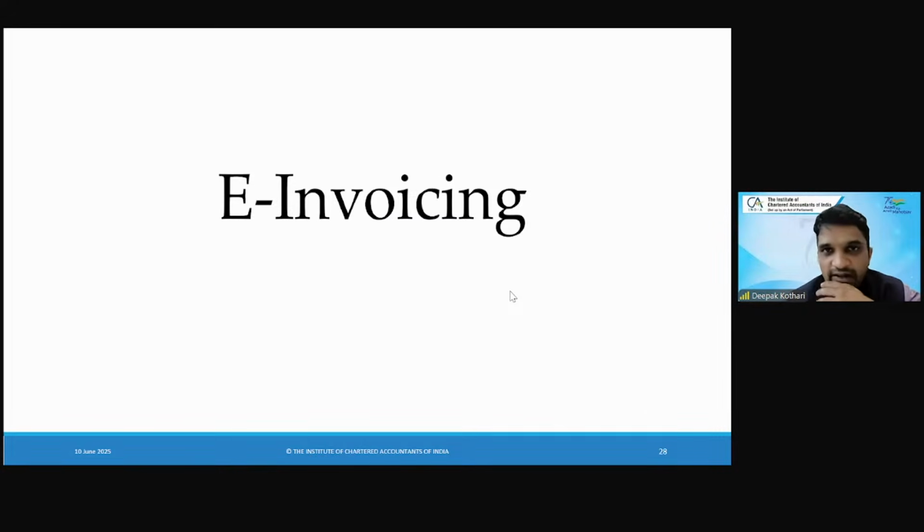No, he cannot claim the credit. He also has to satisfy the conditions of Section 16, right? One of those conditions was that the invoice should be uploaded on the GSTR1 of the supplier. Once he uploads, it will appear in the GSTR2B of the receiver, and then he can claim the credit.